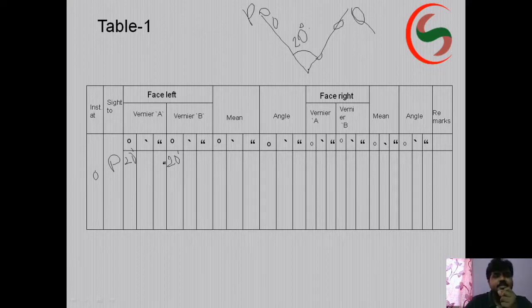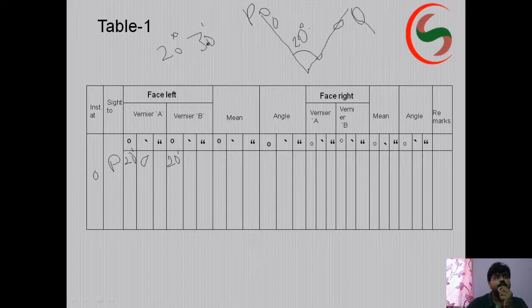Now minutes and seconds, you write from the vernier. Suppose you got 20 degrees 30 minutes as your main scale reading, and you got vernier A coincident. What do we mean by vernier A reading?